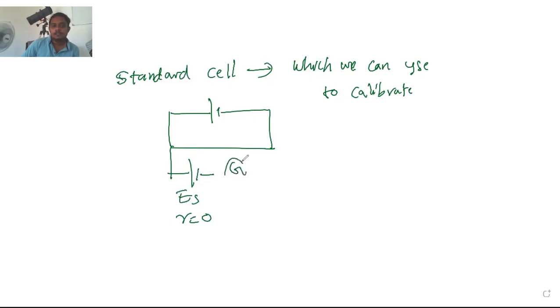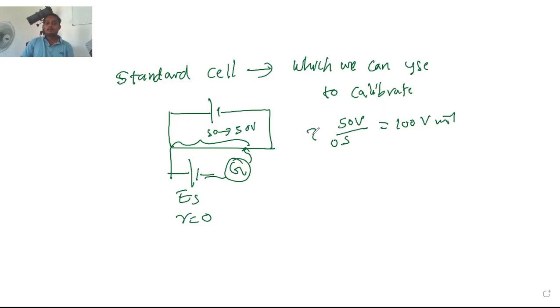So we can find the balance point. Consider 50 centimeters, we got 50 volt. So 50 volt divided by 50 centimeter, we are getting 100 volts per meter. That is how we calibrate this.